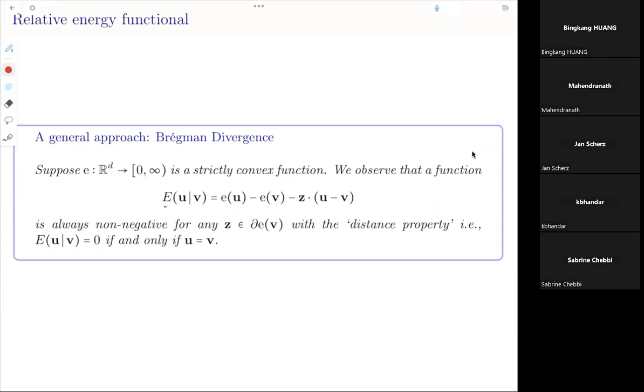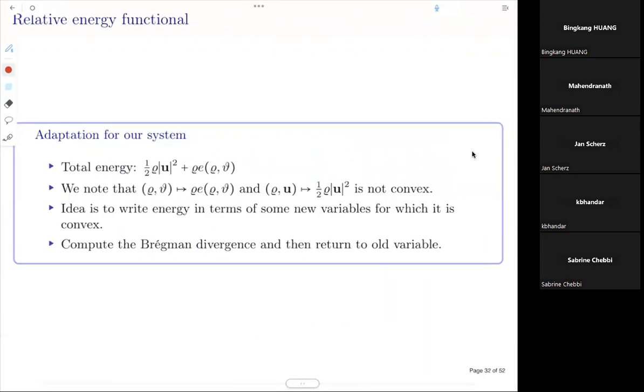And this functional has some sort of distance property. So you know that E of U given V is 0 whenever U is the same as V. But now we notice this E is somehow the energy. So in our case, we have the kinetic energy and the internal energy.